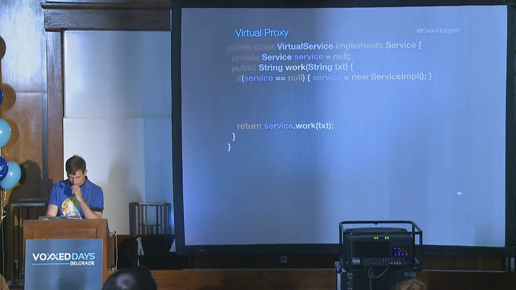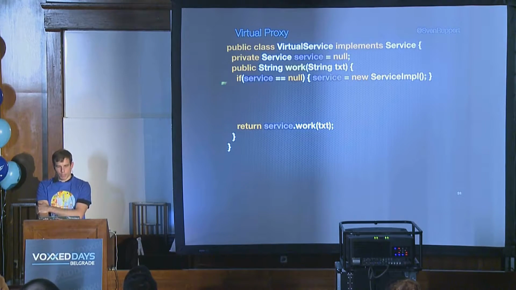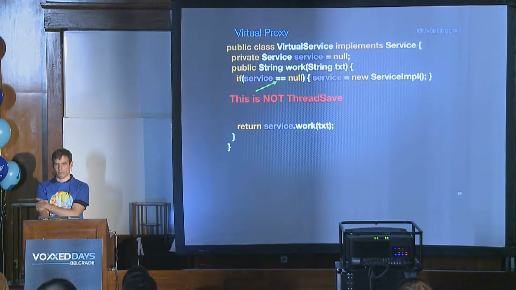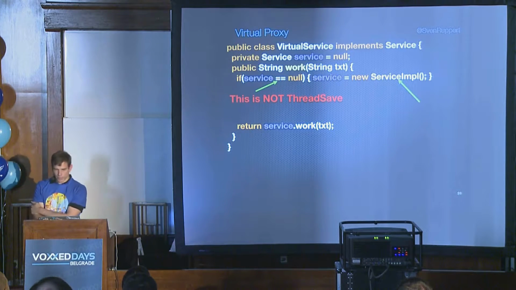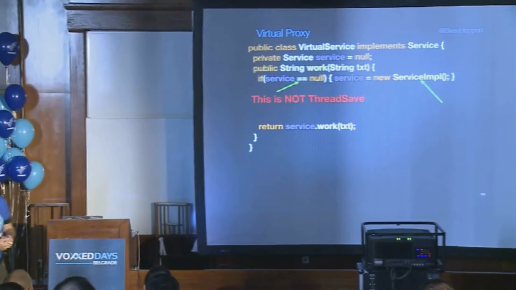If you have this one, you have to think about what's happening here, because this, as you recommend, is not thread safe. What could we do? Synchronized. Yes, it depends what you want to have. But there's one more thing that we could change.